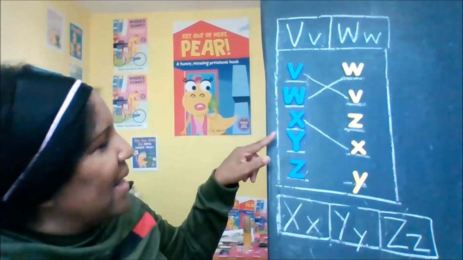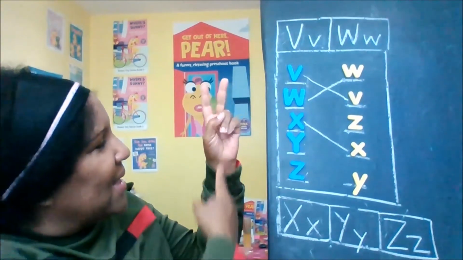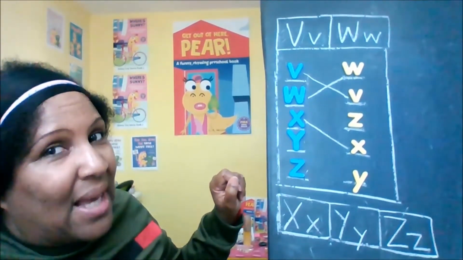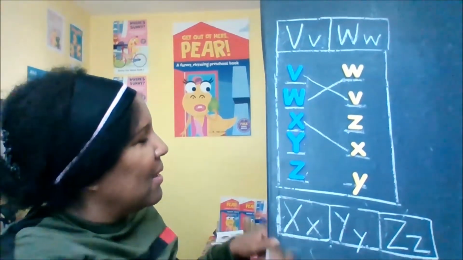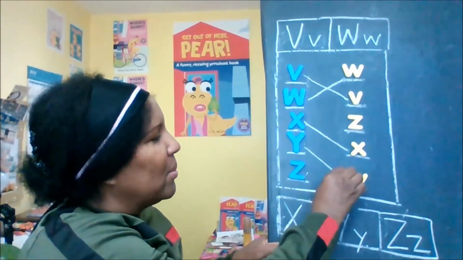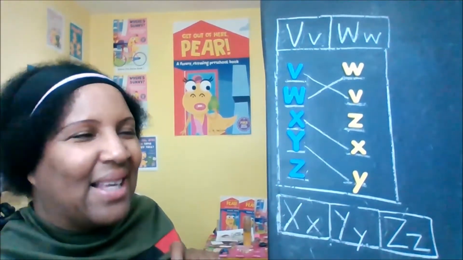No. And here's a Y. It looks like a V at the top, and then it has a tail. Do you see another letter that has a V and a tail? If you said it's this letter, you are right. Ding, ding, ding.